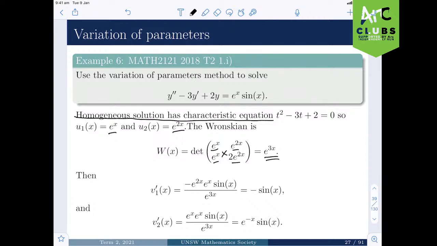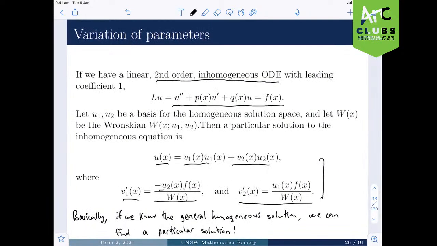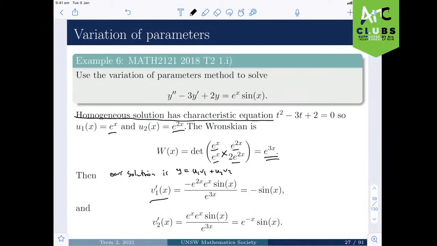So using our formula, our solution is y equals u1 v1 plus u2 v2, where v1 dash is, remember from here, minus the second homogeneous solution times the right hand side over the Wronskian, and that's just minus sine x.